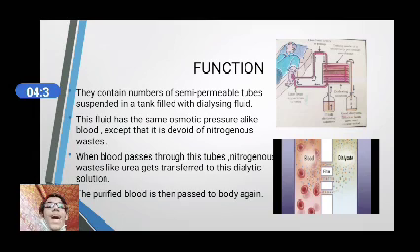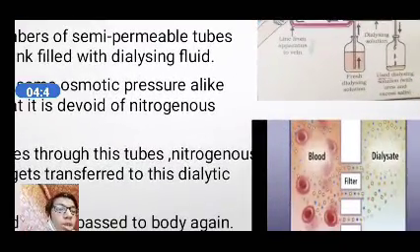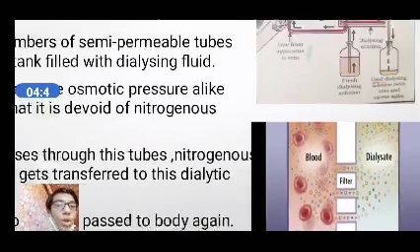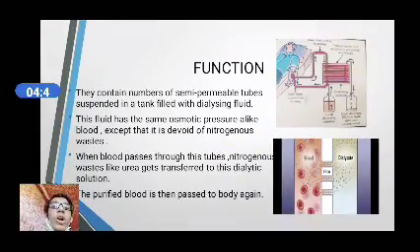So when blood passes through these tubes, nitrogenous wastage like urea gets transferred into this dialysing solution. You can see from here they are going. This purified blood is then passed to the body again. Of course, the blood has to be passed to the body again. If not, the person will die.